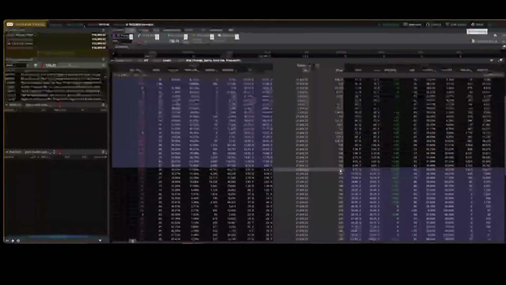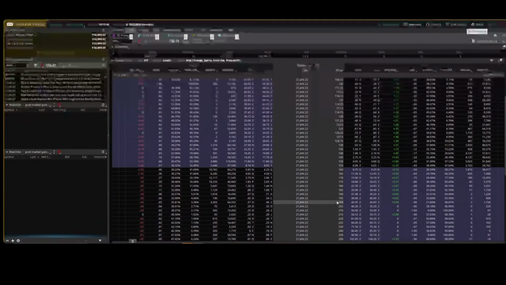Okay, we got 160. A lot of times you guys are going to be buying out of the money calls. You're looking at this and saying, well, my target's 175 and I can risk $200 on a trade. Great. But if you're going to buy an out of the money call at 175, and you look at your delta, it's 20.